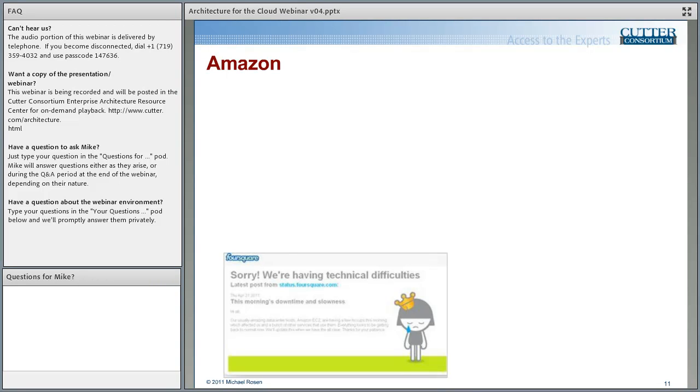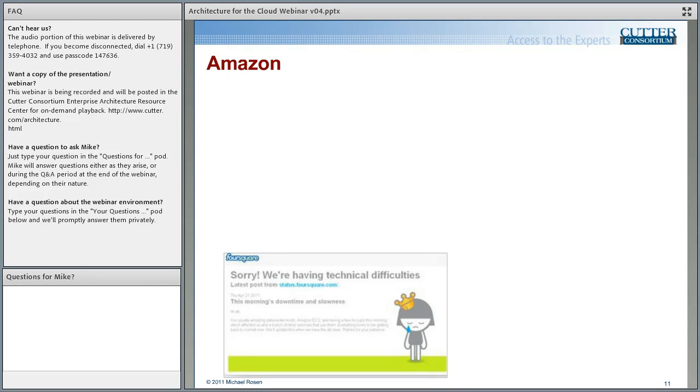I read a lot of different articles about this, and I'm not going to name the analyst who said this, but an analyst said customers need to start asking tough questions and to not assume things will be taken care of, because they will not. They shouldn't be counting on a cloud service provider like Amazon to provide disaster recovery.